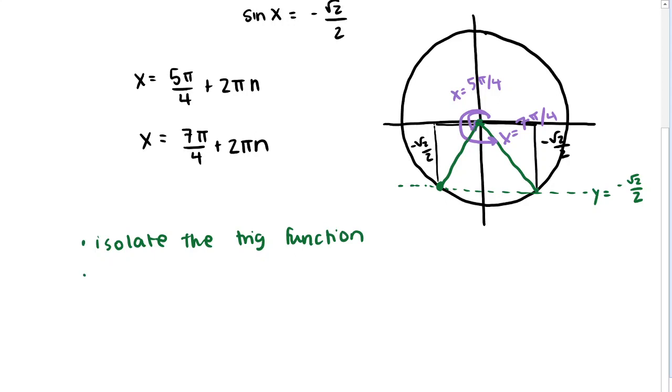And then the next thing we want to do is find all of the solutions in one period of our trigonometric function. And so the last thing we want to do is find all of the solutions in general, not just in one period. And so this requires including all of the coterminal angle solutions as well.